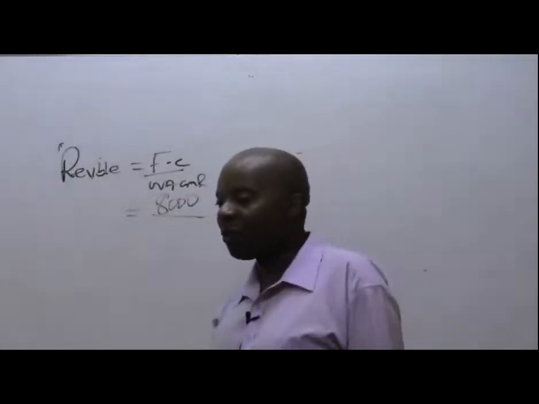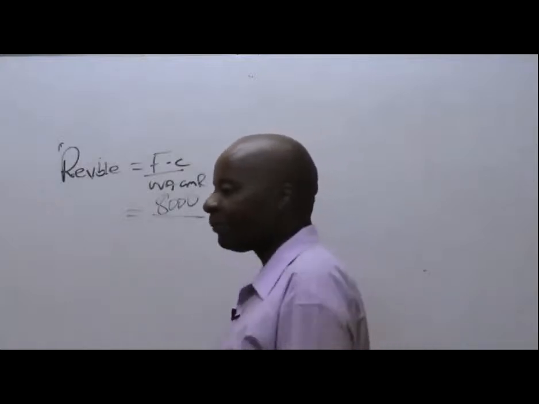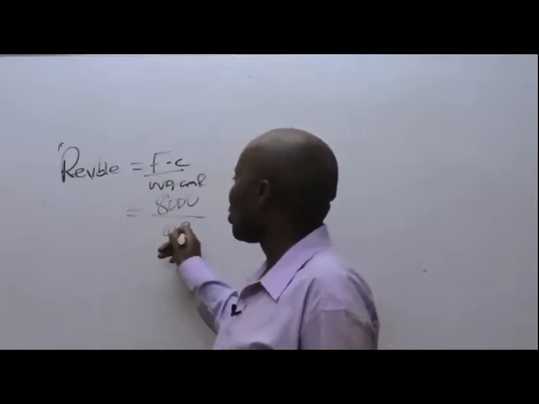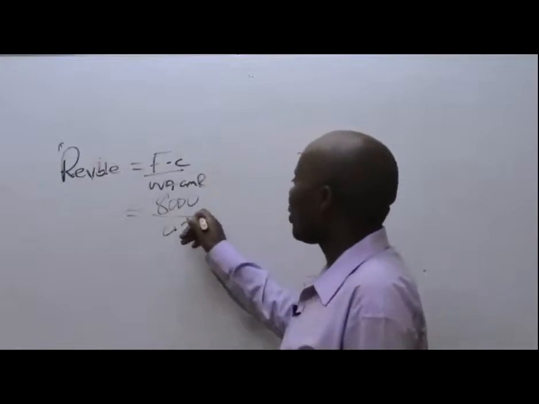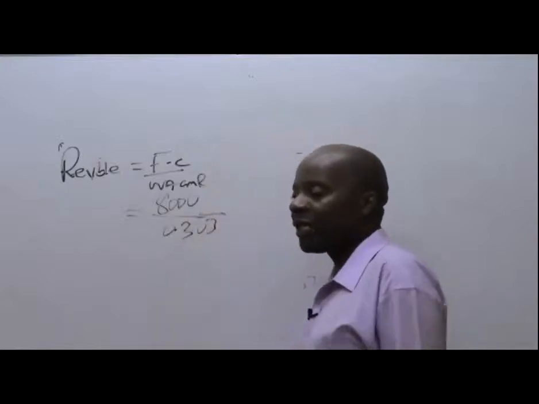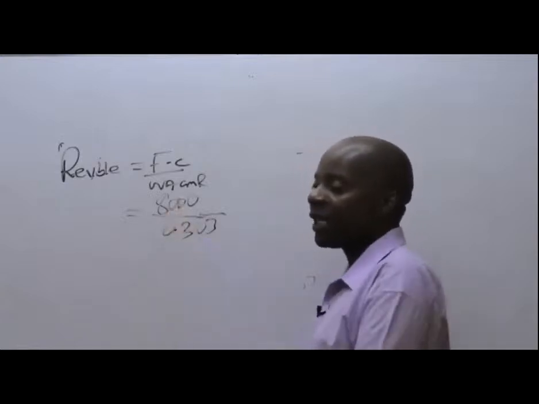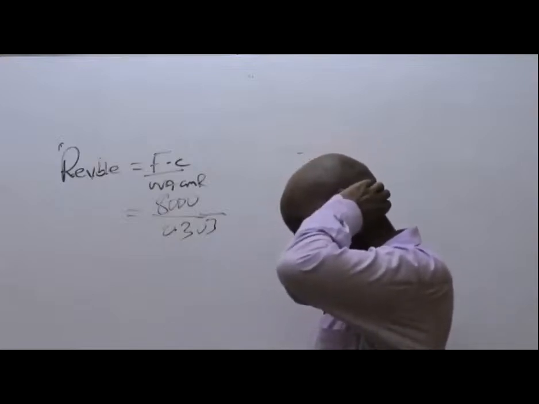It was 0 point something. The WACMRI we got up there was 0.303. So could you kindly do the division for us, 8,000 divided by 0.303, and then you advise us kindly? Can somebody do that division for me?